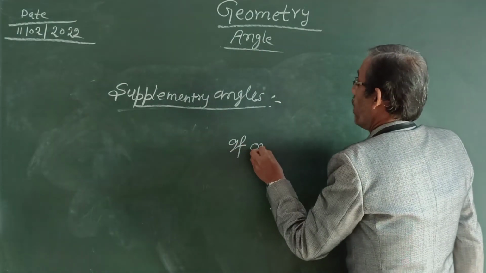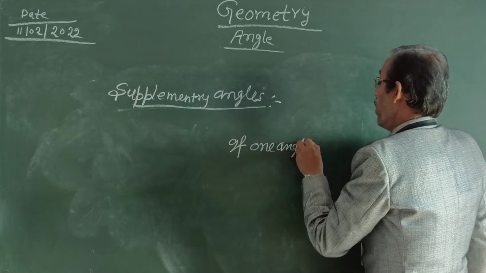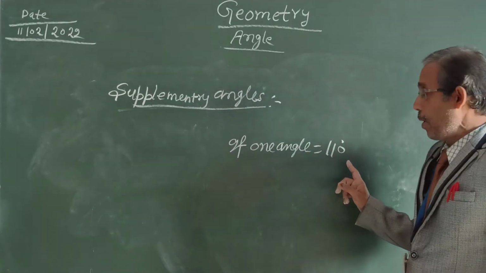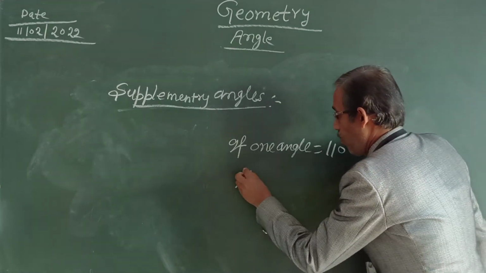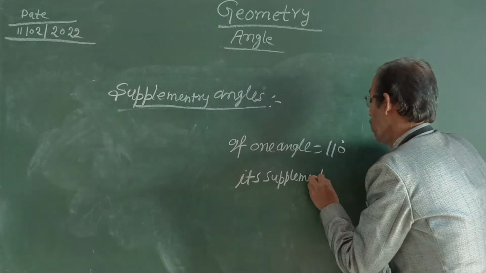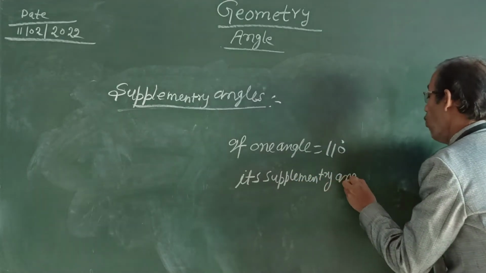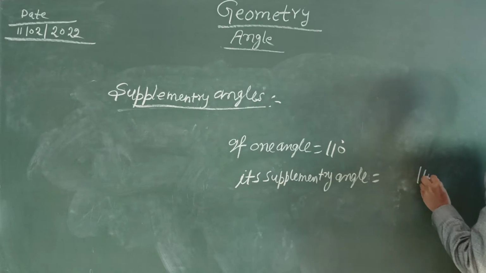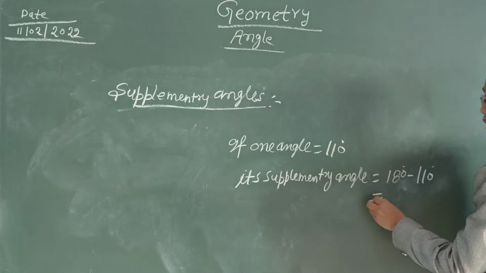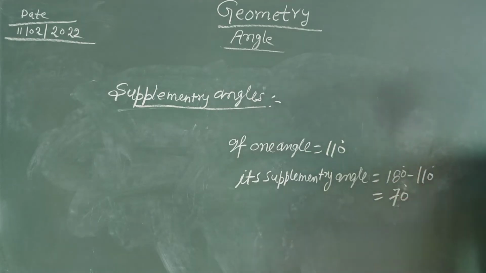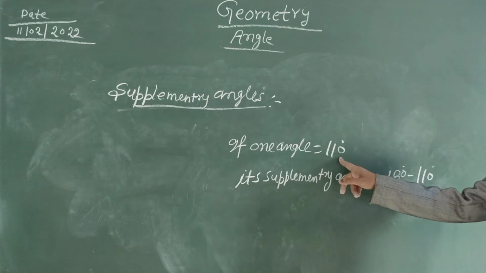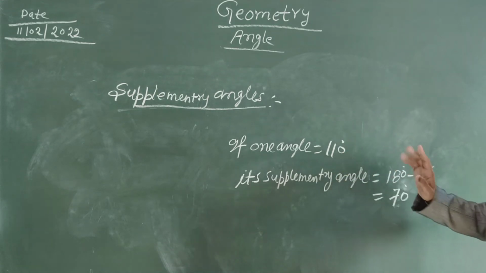If one angle is given 110 degree, so for finding its supplementary angle, we need to subtract this angle from 180 degree. We get 70. So 70 degree is supplement of 110 degree, 110 degree is supplementing the 70 degree.